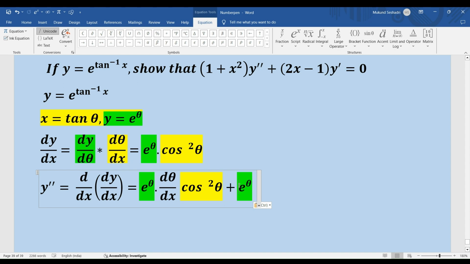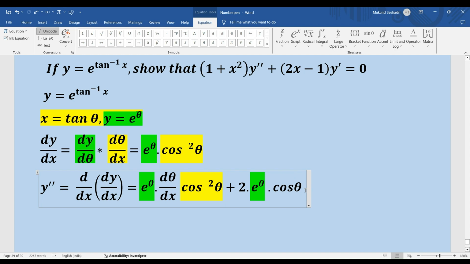So d by dx of cos square theta is nothing but, I apply the chain rule first. So my 2 comes out, and then I have 2 times cos theta, and then I go ahead and differentiate my inner function, which is cos theta.